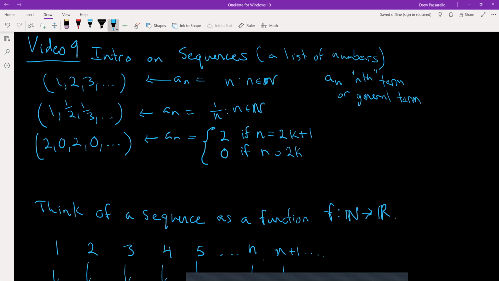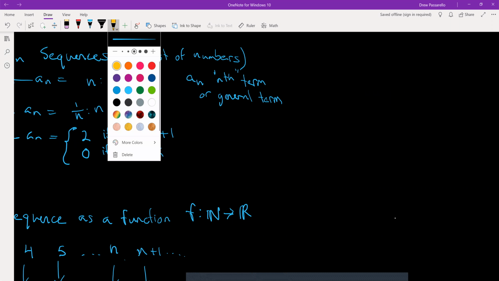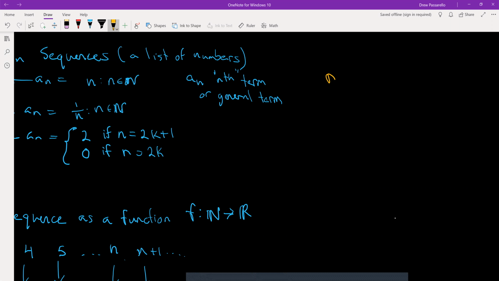Don't confuse a sequence with a set. That is an important distinction. For a set, I use the curly brackets, the curly braces.